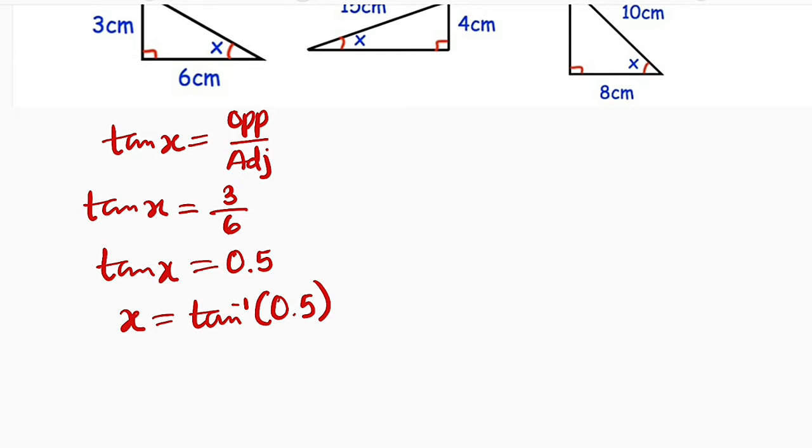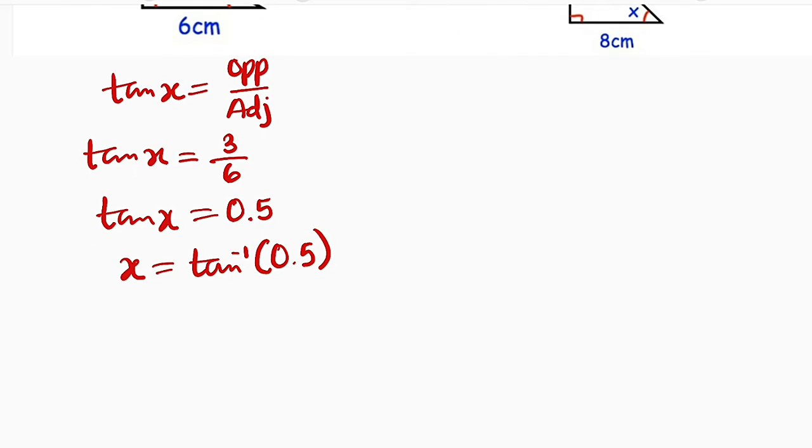So how can you take tan inverse of 0.5 on your calculator? First of all, you should press the second function. I don't know the kind of calculator you are using, but if you are using Casio, you press second function. You see something like this, second F. Then you hit tangent. Then you input the value right here. Or some calculators may have tan inverse directly.